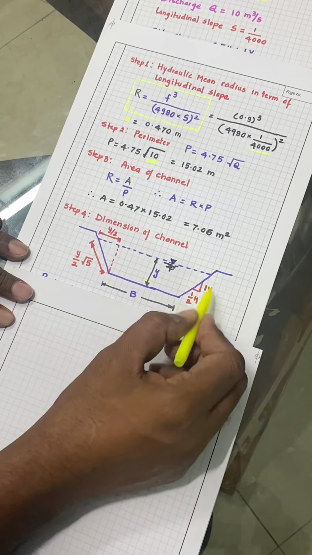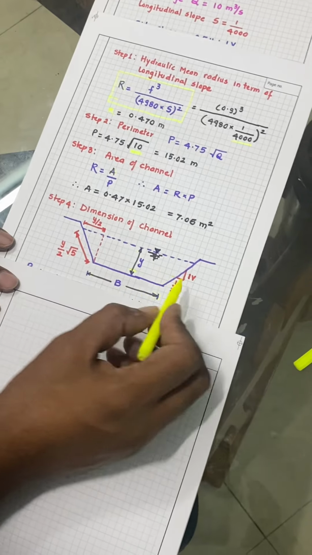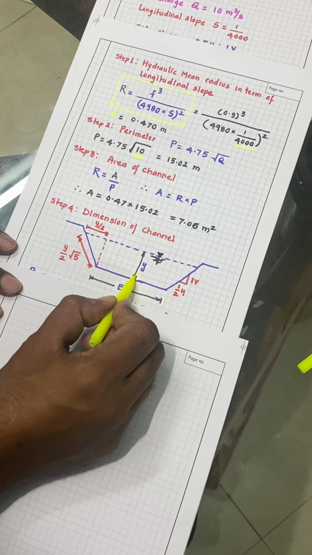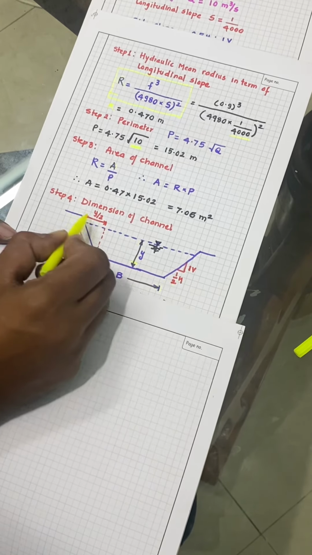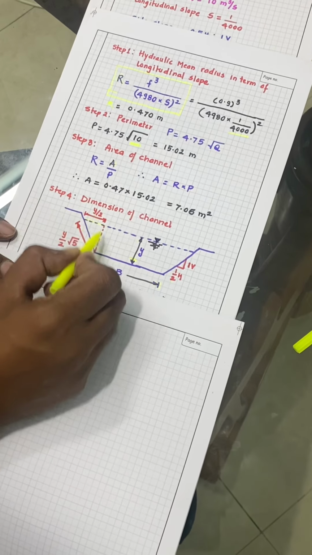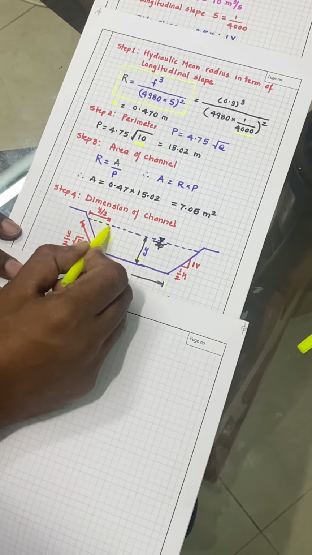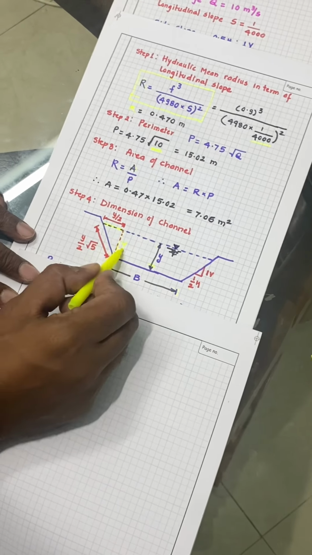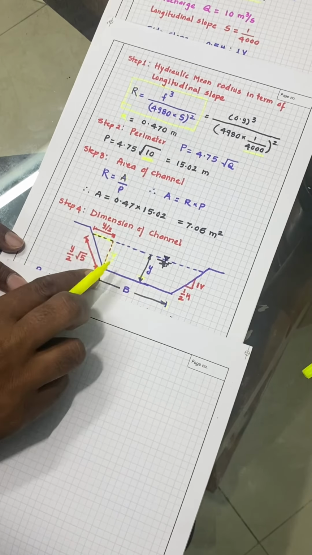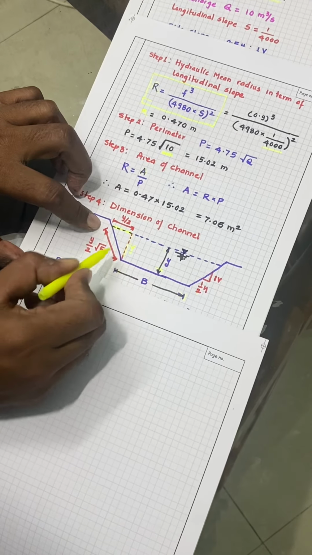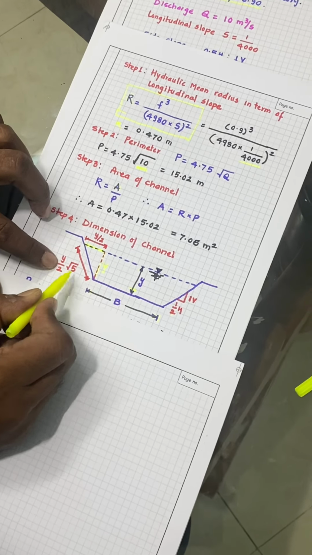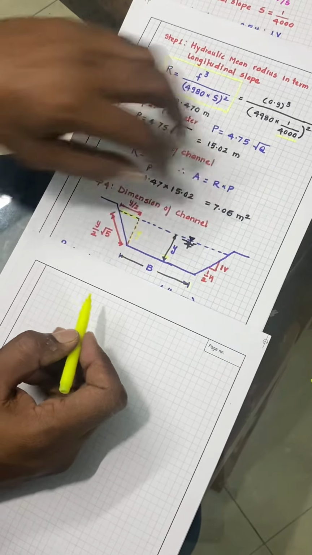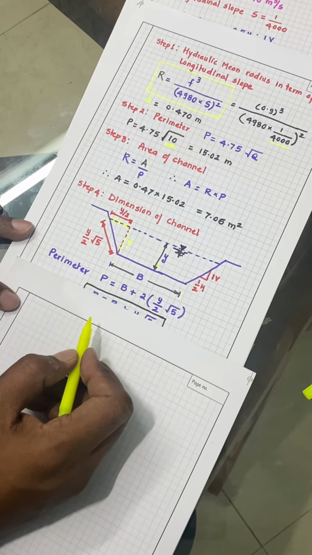From this we will get the side slope. For 1 vertical, Y is vertical and horizontal is half, so this will be Y by 2. If this vertical distance is Y, this horizontal distance is Y by 2. And from this Y and Y by 2, you will get this inclined hypotenuse, that is Y by 2 root of 5.